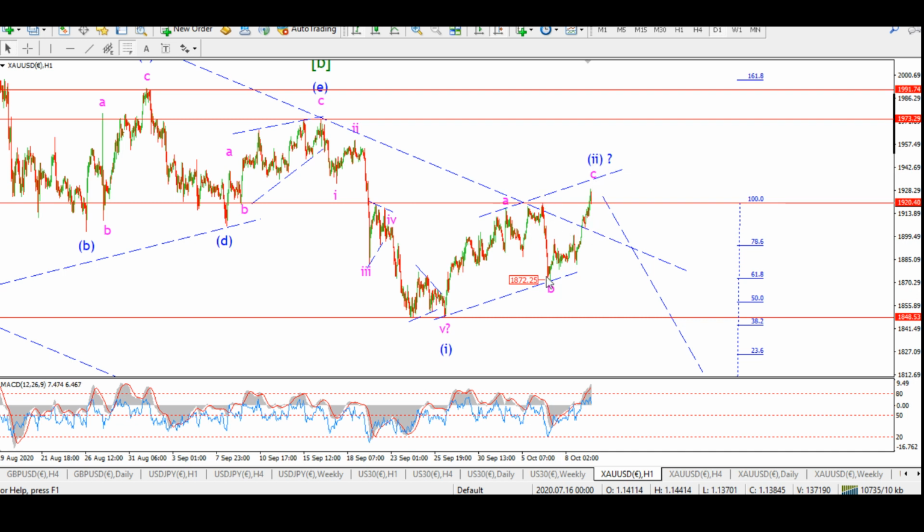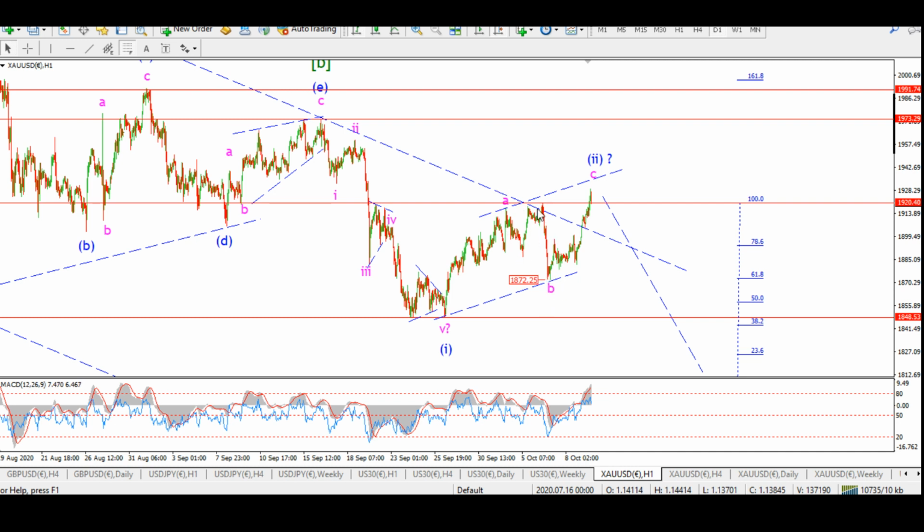We've got a pretty decent impulsive move lower this week because we broke earlier on today that high at 1920. It seems that this spike lower earlier this week was simply a completion of a B wave.